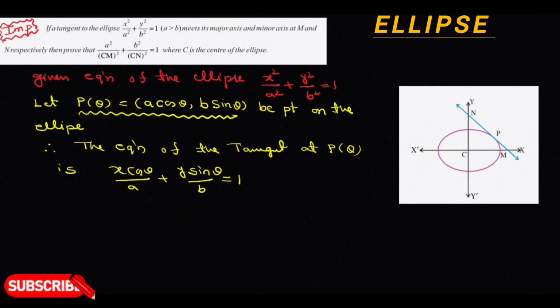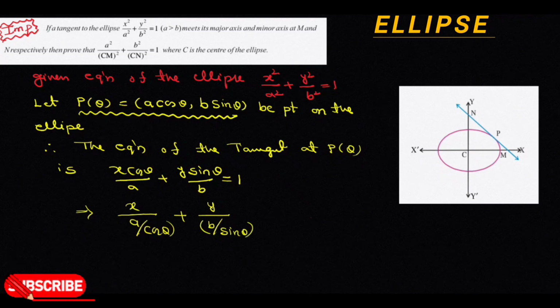Now this tangent equation transforms to intercept form, that is x by (a by cos theta) plus y by (b by sin theta) is equal to 1, which is the intercept form of the line, like x by a plus y by b is equal to 1.